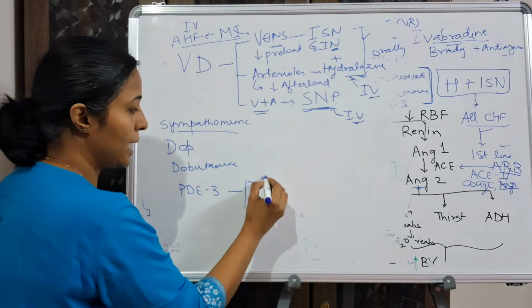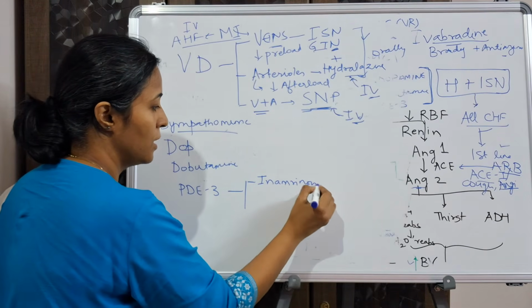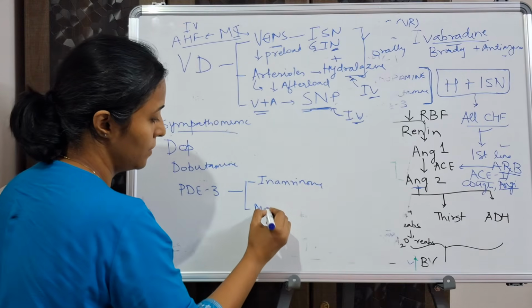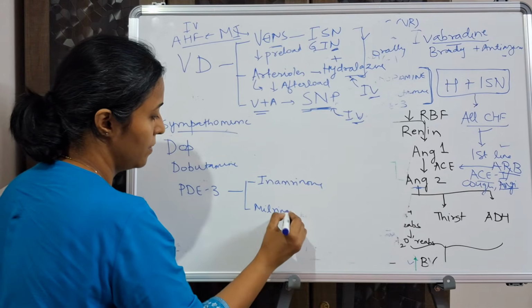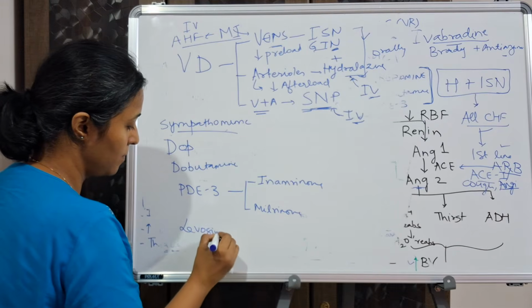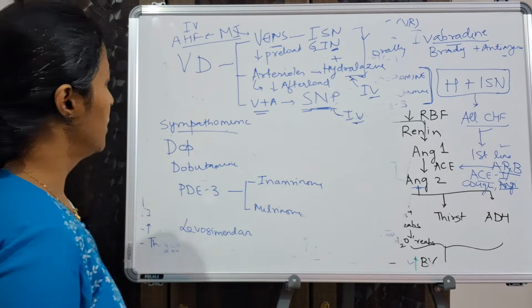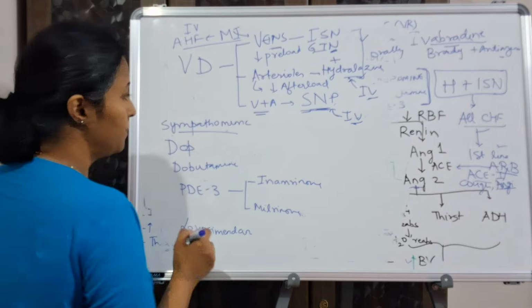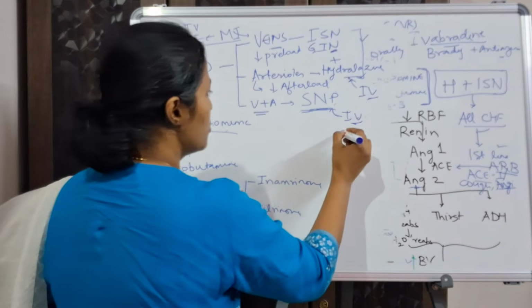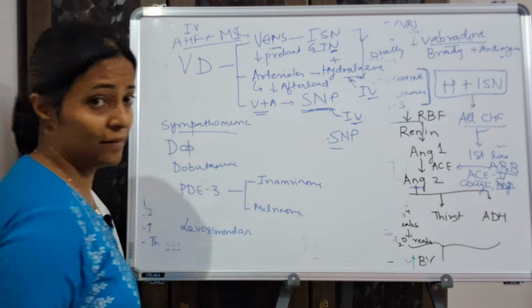These are inamrinone, okay, and milrinone. Then we have another drug, that is levosimendan, okay, and then I talked about sodium nitroprusside. Okay, so these are all IV drugs.